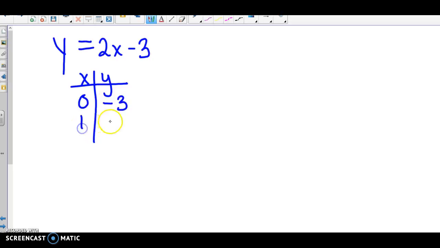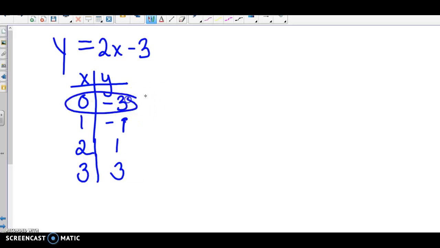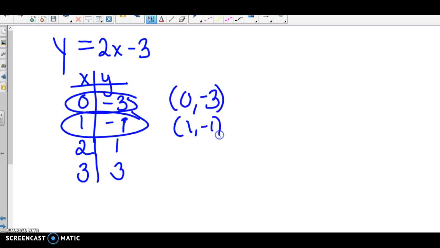And when x is 1, y is negative 1. And when x is 2, y is 1. And when x is 3, y is 3, etc. So here, these are all solutions. They're points. They're all solutions to the equation.